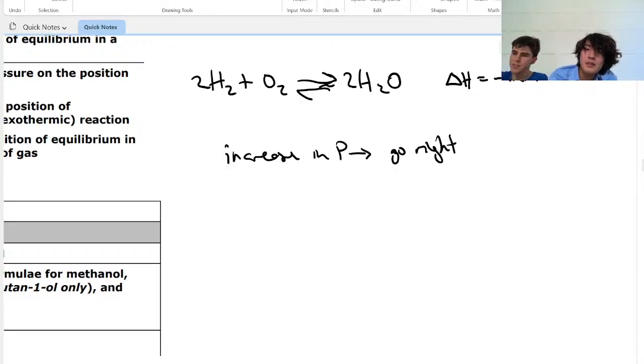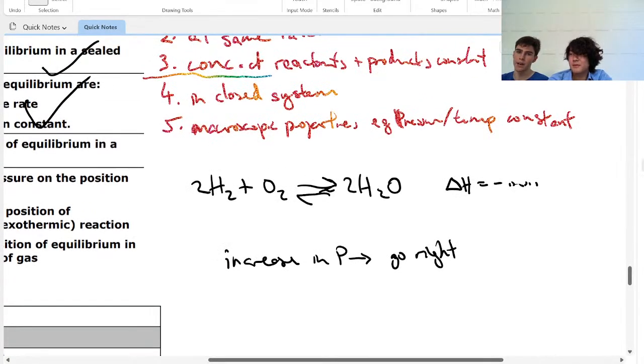For any of these, the reaction is going to change in a way which reverses what's just happened. Because the pressure increases, we want to decrease the pressure. The way to do that is by making more of the product, which has fewer moles.